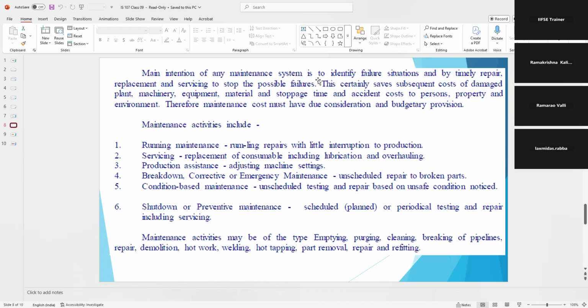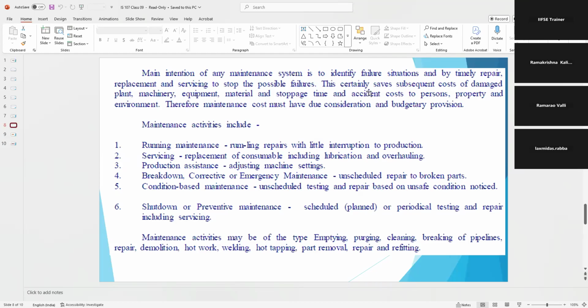When I say hazard, for them it is a failure. For us, hazard means having potential to cause harm. Failure in the maintenance case is also potential to cause harm to the machines or sometimes to the people. Mostly it is with the machines.